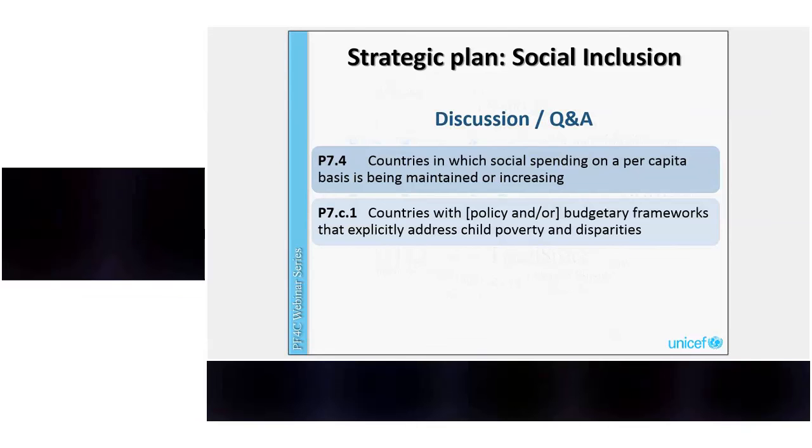The bad reasons are where the government says they'll do a lot of these things and actually doesn't deliver. So for those of you having this issue between allocation and outturn, 7.4 is looking at your outturns. 7C1 is looking at your allocation and your planning document. So we're capturing basically these 3 phases.